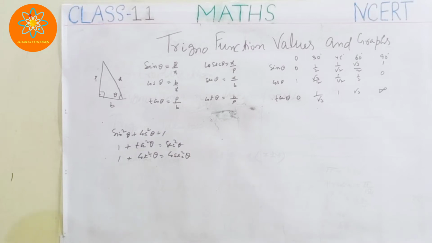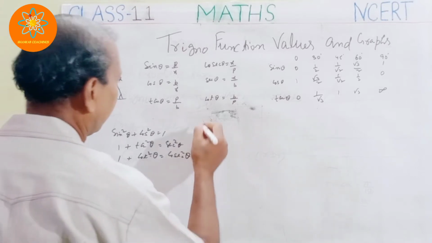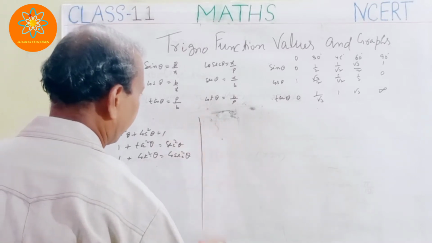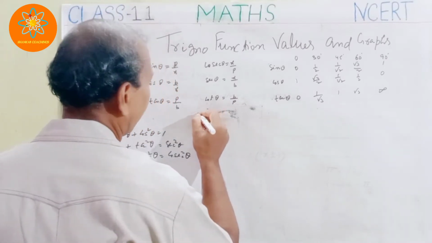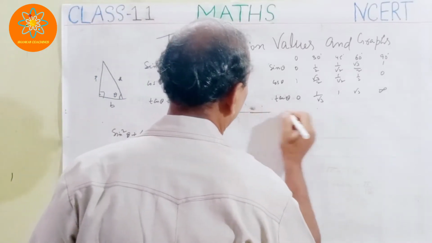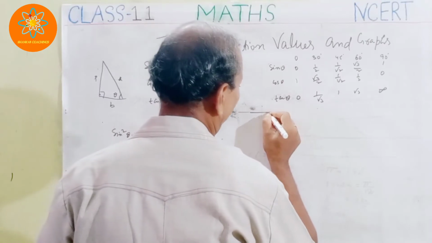Now we will see the graph of sine, cos, tan, cot, sec, cosec. I will take the graphs. I will draw the graph of sine and cos first.